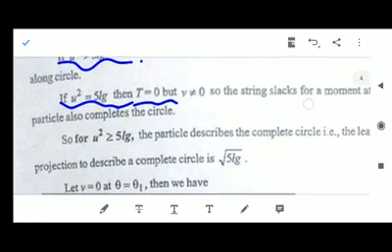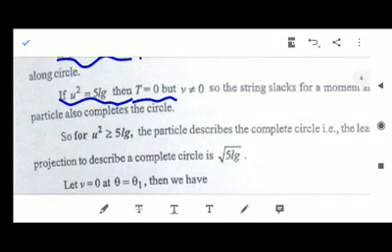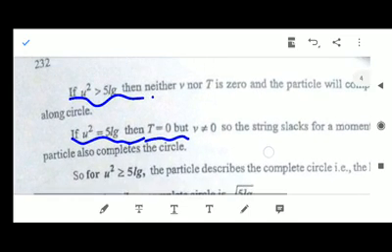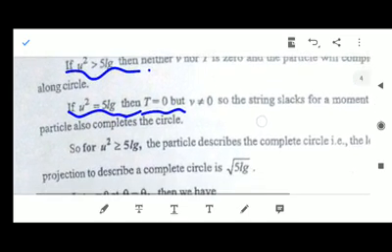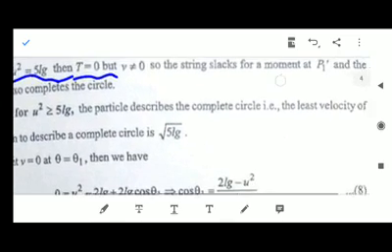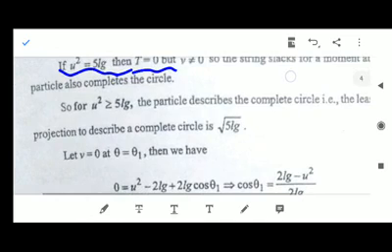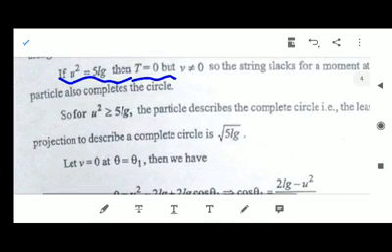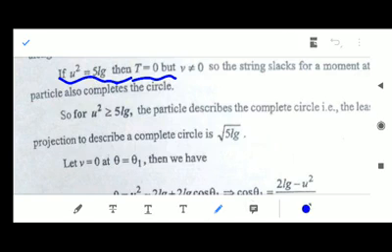And so for u square greater than or equal to 5 Lg, the particle describes the complete circle, and the least velocity of projection to describe a complete circle is under root of 5 Lg. You have to learn this expression.